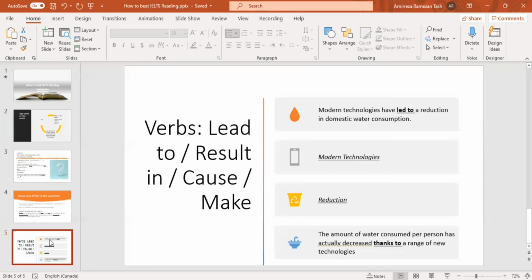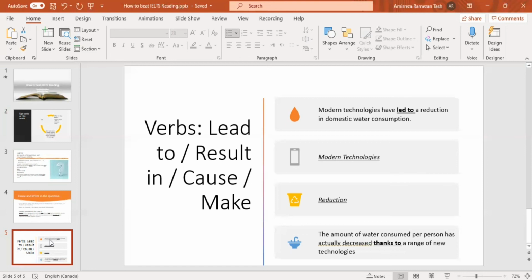One of the ideas that we need here, amount of water consumption decreased, is a synonym for reduction. But as I said, we are not just looking for a synonym. We are looking for the idea of consumption of water decreased. How? Thanks to a range of new technologies. New technologies is a synonymous expression for modern technologies. And "thanks to" is actually one of the linkers showing cause and effect.